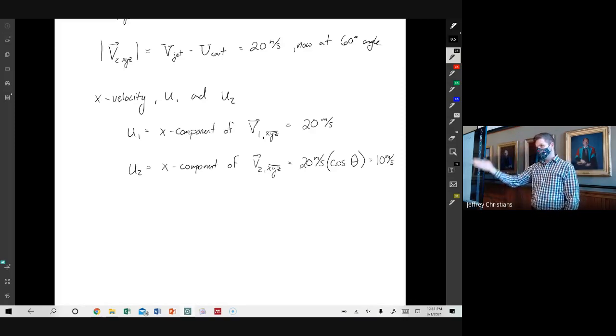So it's only 10 meters per second in the x direction. The speed is still 20, but it's 10 meters per second in the x.